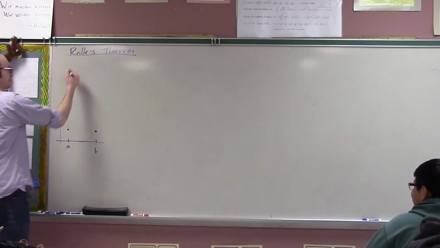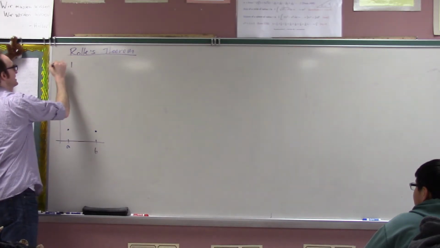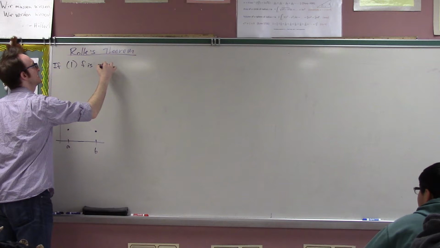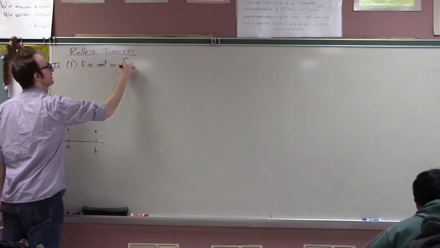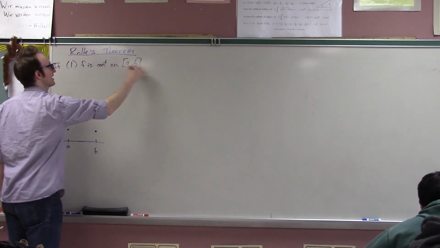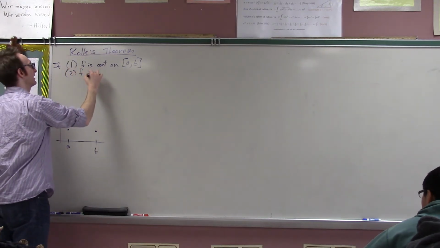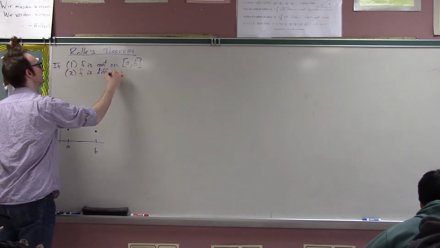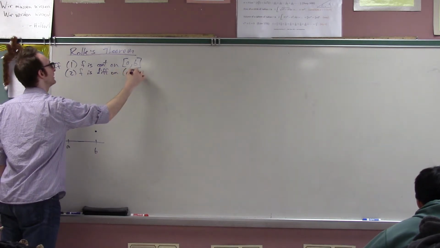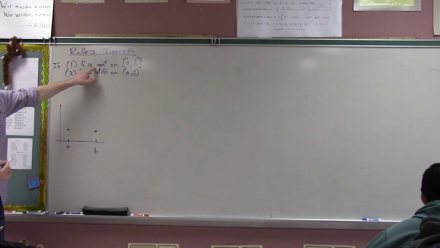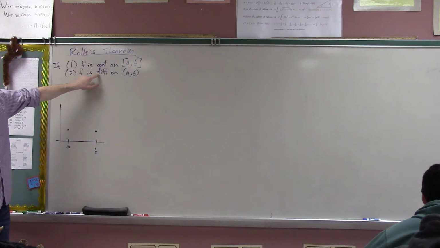Okay, so here it is. This is Rolle's theorem. Here's what it says. If f is continuous on the closed interval [a, b], so I have a continuous function, and f is differentiable on the open interval (a, b). In other words, no monkey portation, no weird, strange physics.